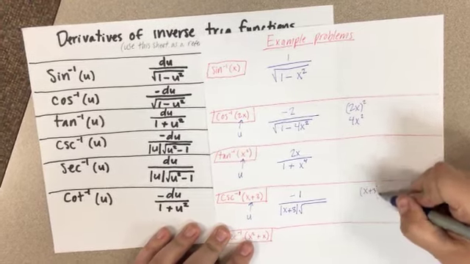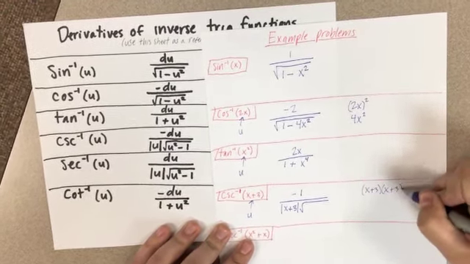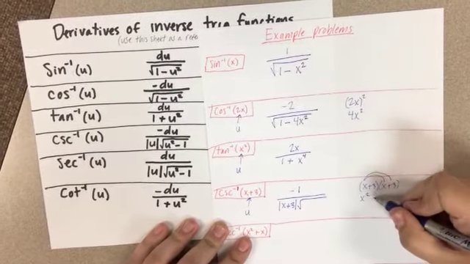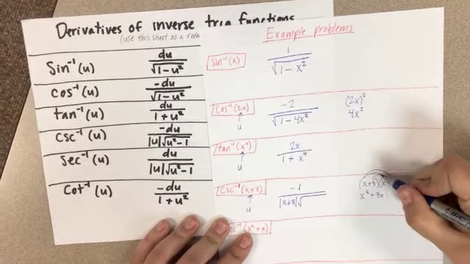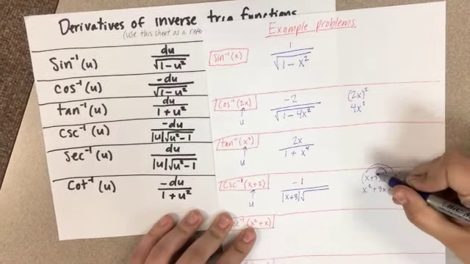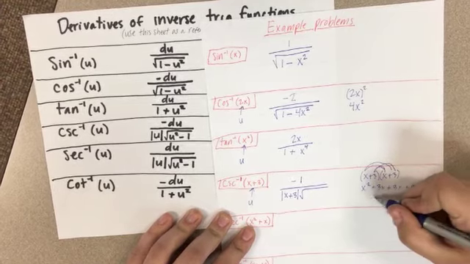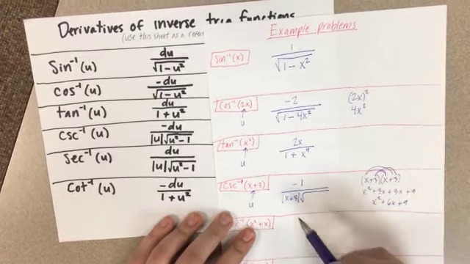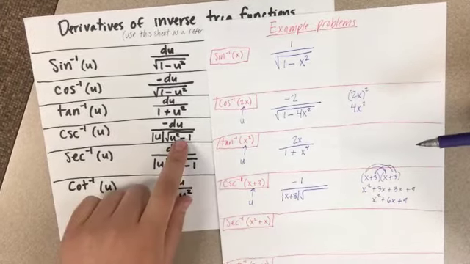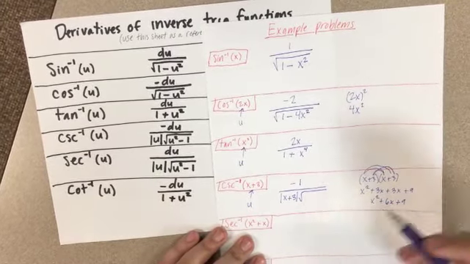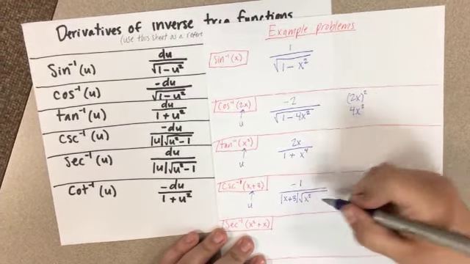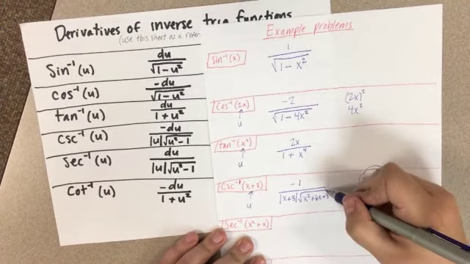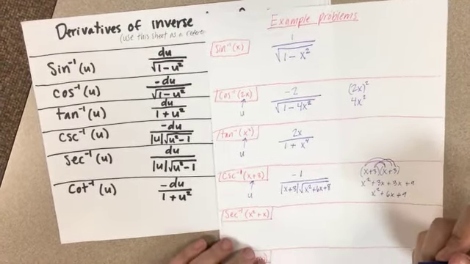So x plus 3 times x plus 3. You do the first, outside, inside, last. And that's x squared plus 6x plus 9. But keep in mind, for cosecant, you also have to subtract 1. So under the radical, it'll end up being x squared plus 6x plus 8, because you had to take 1 away from 9. And you're done with that one.